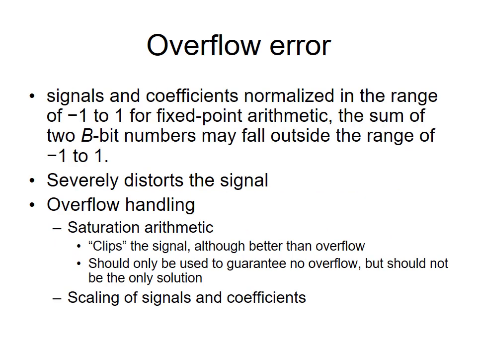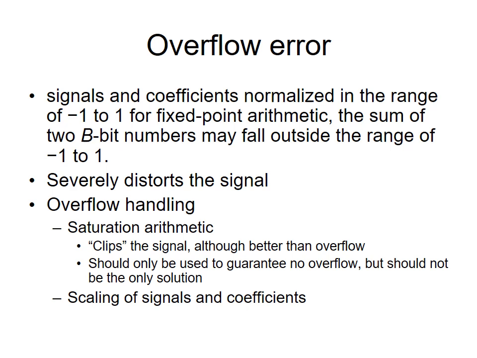Next is the overflow error. The signals and the coefficients are normalized in the range of -1 to +1 for fixed point arithmetic. The sum of two b-bit numbers may fall outside the range of -1 to +1, which will distort the signals.